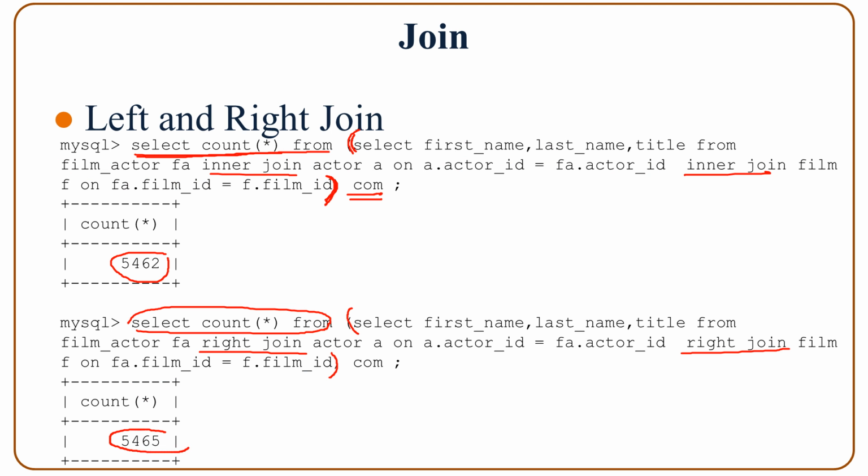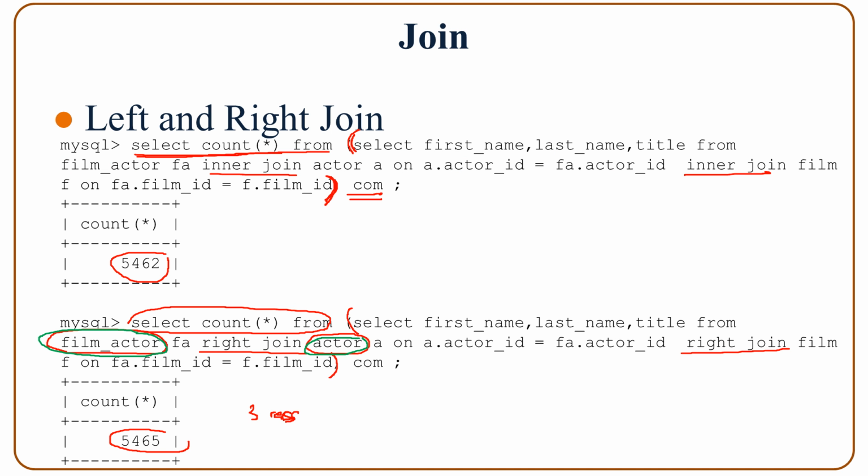So what does it mean with right join? So when you say film actor right join with actor, let me get another color. So film actor right join with actor. This means that you want to get all the records from actor, even the records that do not have a match in film actor.